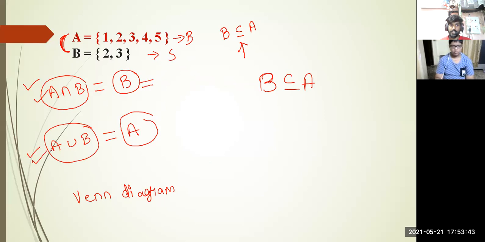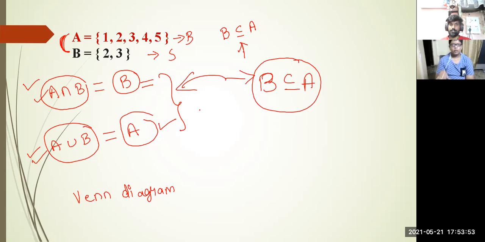This is happening because B is a subset of A. If B is not a subset of A, then this also will not be equal. Is this clear what I'm trying to say? Yes, sir. Okay, good.